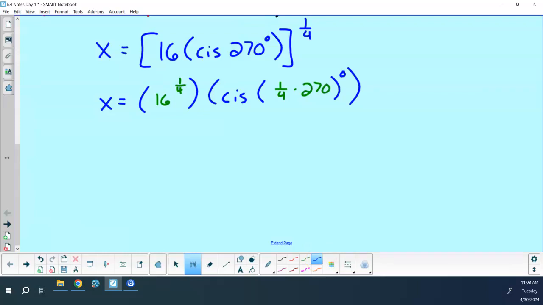Okay? And that's going to give me my first answer. 16 to the 1/4 power is 2. 270 divided by 4 is 67.5.